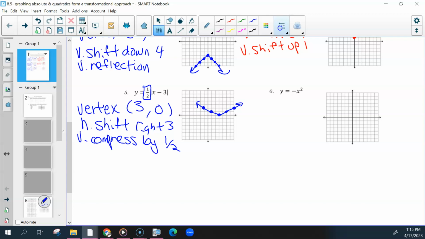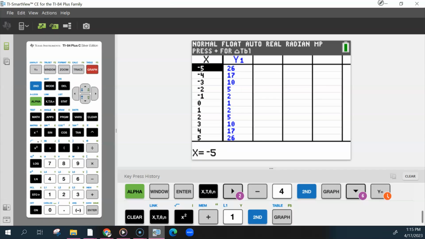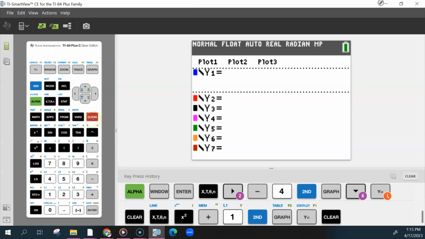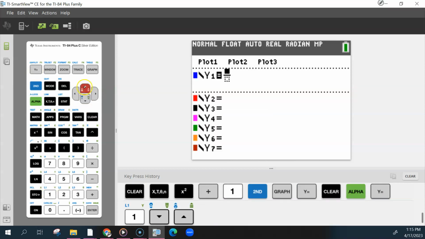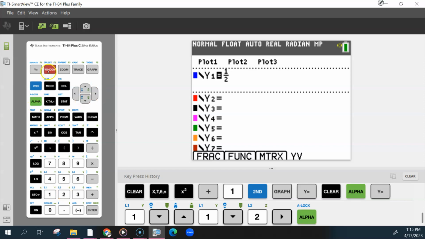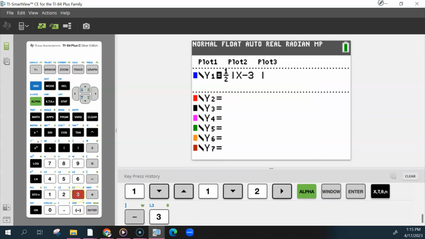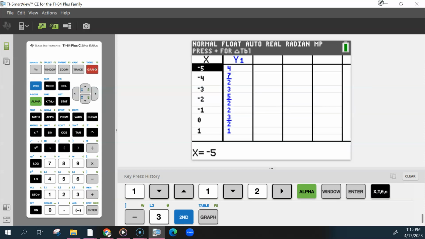Let's double check it in the calculator, make sure we graph it correctly. So alpha y equals to get your fraction. And then alpha window to get the absolute value. X minus 3. And then if I go into the table, second graph, our vertex was at 3, 0.